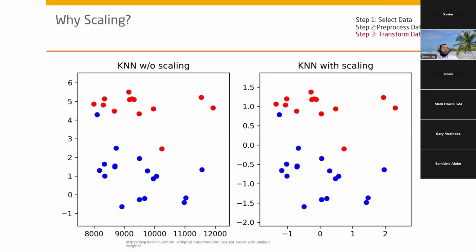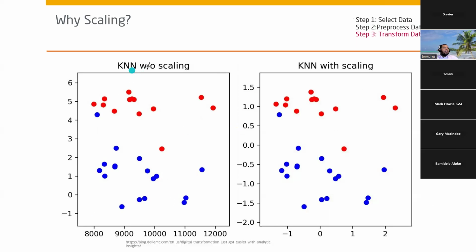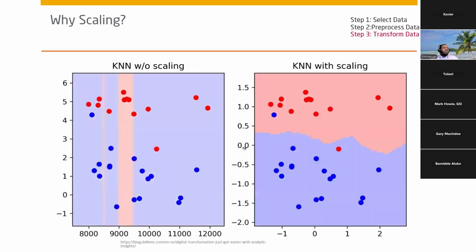And why do you scale? If you look at this, you can see KNN without scaling, KNN with scaling. It looks like this is a different image to the one I want to show. Okay, this is what I want to see.